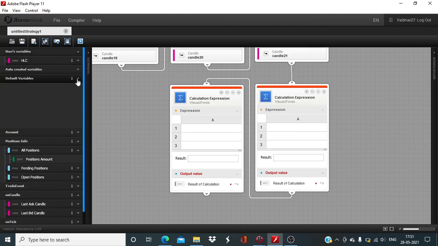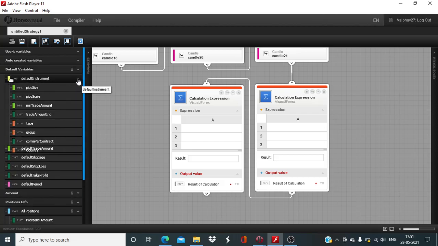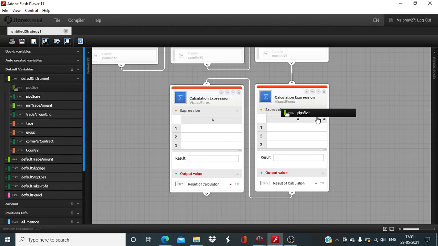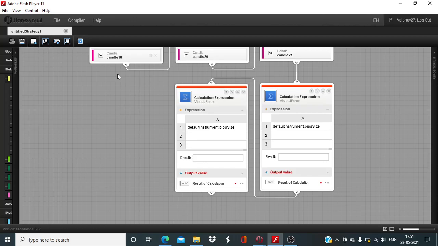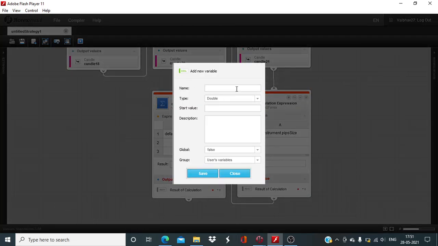Before we wrap up, all we need to do is multiply the default instrument pip size with the requisite value using the new variable.